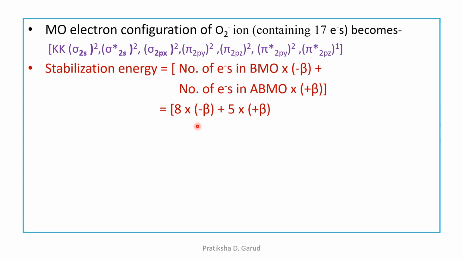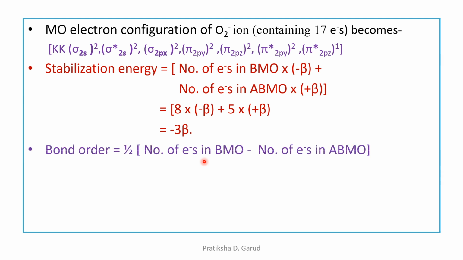So it becomes 8 into minus beta plus 5 into plus beta, which equals minus 3 beta, right? That means the stabilization energy is decreased. Then bond order is 1/2 into number of electrons in BMO minus number of electrons in ABMO, which is 1/2 into 8 minus 5, which equals 1.5. So the stabilization energy is minus 3 beta and the bond order is 1.5.